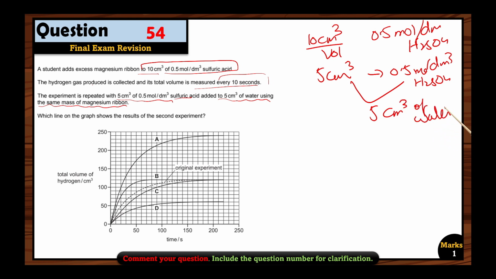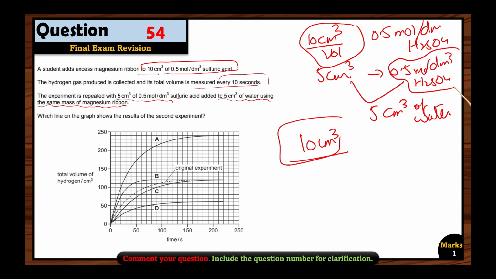So what does it mean? The volume is now 10 cm cube, the same as before, but the concentration is reduced because the same amount of water was added, so the concentration is now 0.25 mol per dm cube for experiment 2. Now see which line of the graph shows the result of the second experiment.